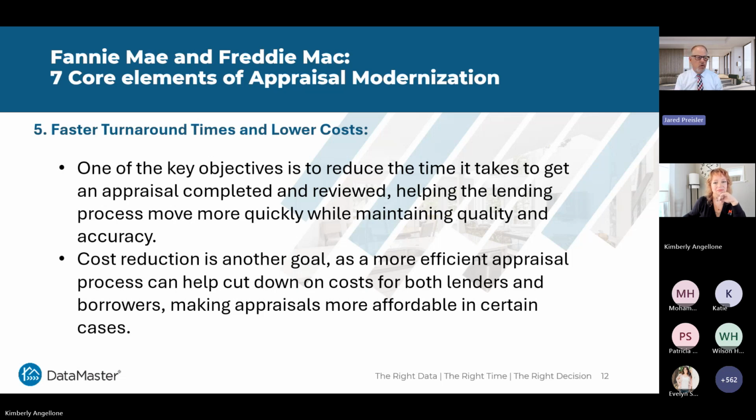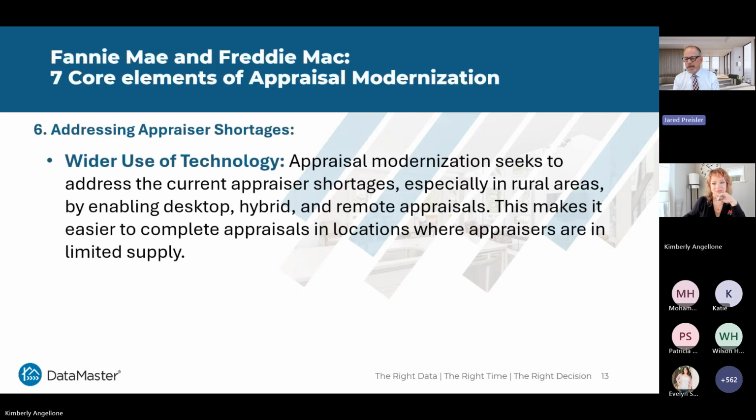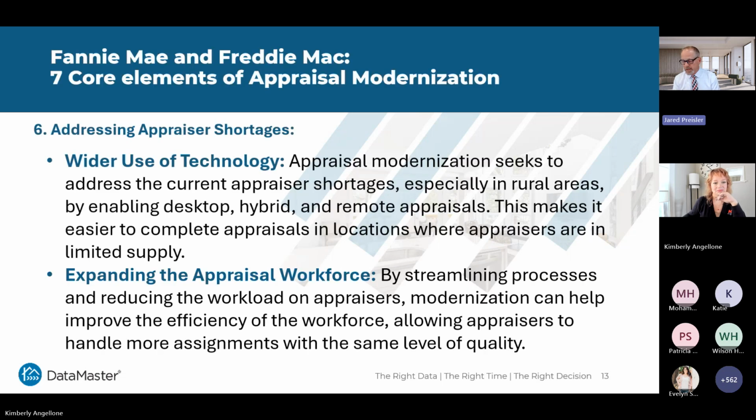Number 6, real quick, is addressing the appraisal shortage. There's many of us that are getting up there and where we're looking at maybe transitioning to a simpler, more relaxed, retired lifestyle. And the GSEs understand that, and using that technology can address some of the appraiser shortages in their mind.